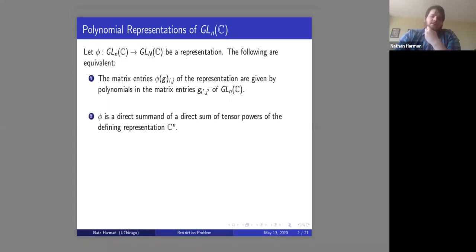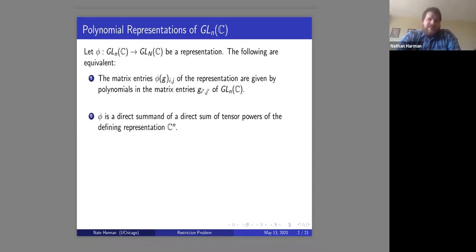It's also polynomial in a different, maybe more categorical sense. These are exactly those representations that arise inside tensor powers of the defining representation. By the defining representation, I just mean GLN of C acts on n-dimensional space, where a matrix acts by itself.